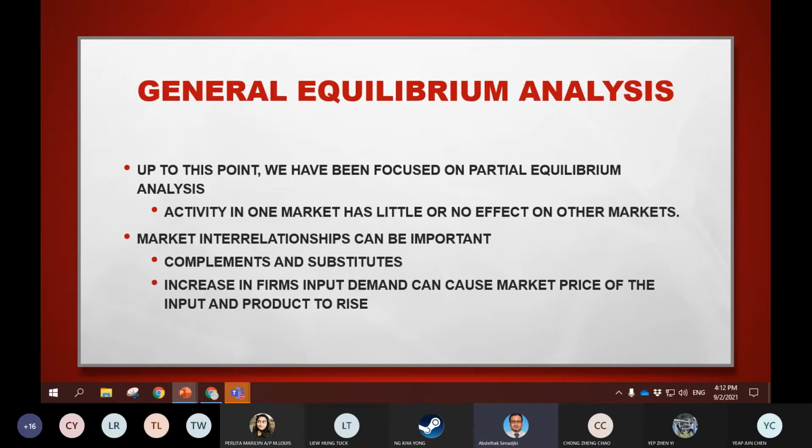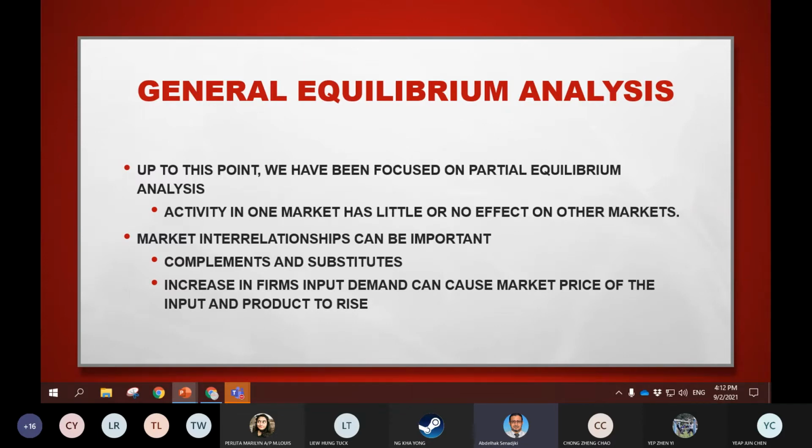Markets are also related or interrelated among each other. This market interrelationship can be very important for managers and policy makers to design appropriate policies. Later we are going to see how this will help policy makers.